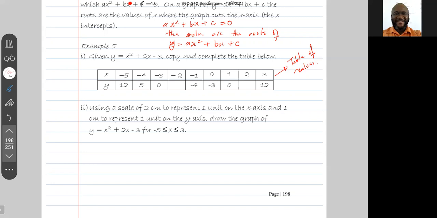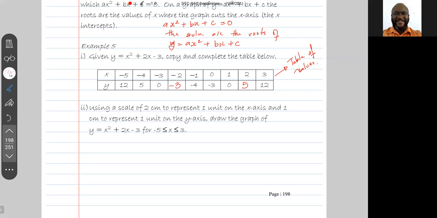We are going to find them using calculation, but I'm going to guess that this value is going to come out to be 5, and that this value is going to come out to be minus 3.